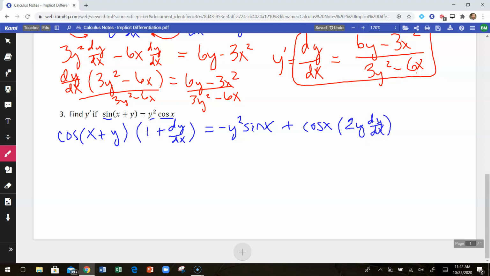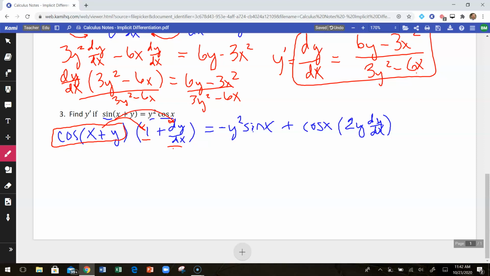Okay. So there's a lot of moving parts here that we're going to have to worry about, because I need to now isolate the dy over dx. So it's going to be a little bit of a process at this point. Keep in mind this is like one term here, cosine of x plus y. I can't change that to cosine of x plus cosine of y. It just has to be cosine of x plus y. But I'm taking that thing and multiplying by both of these, so I'm going to actually distribute my cosine of x plus y.